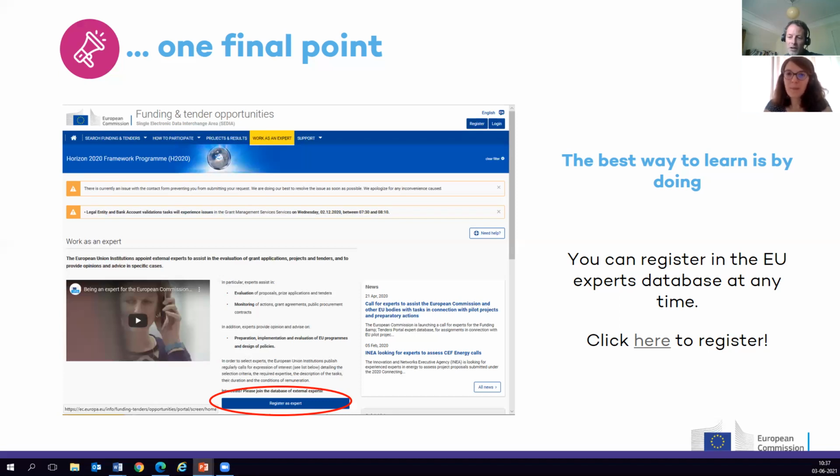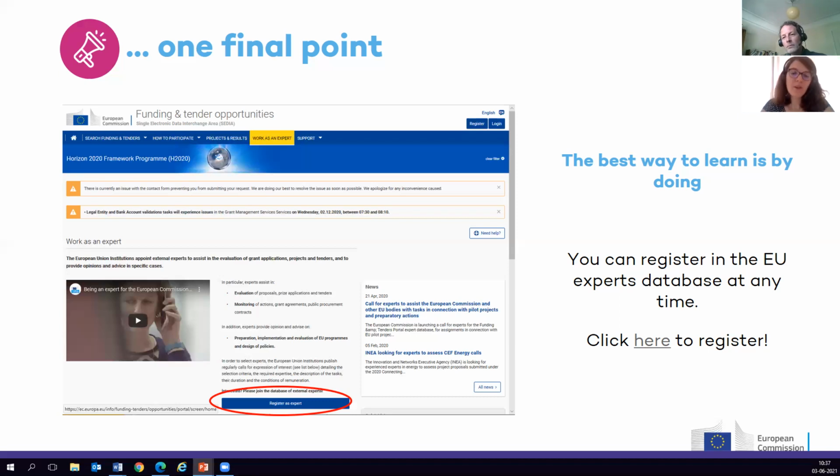You also have certain internal requirements, as I understand it, where you try to have balanced evaluation panels. Indeed. For Horizon Europe, we have a target of 50-50 gender balance in the evaluation panels.